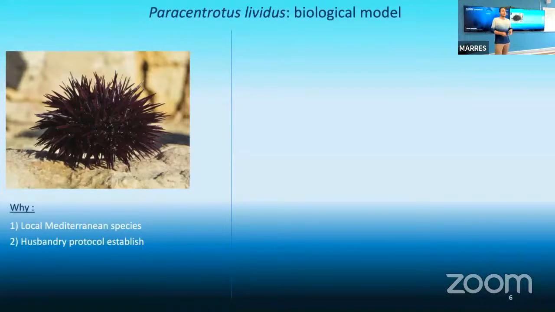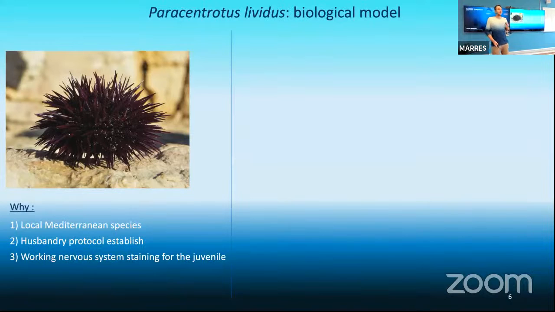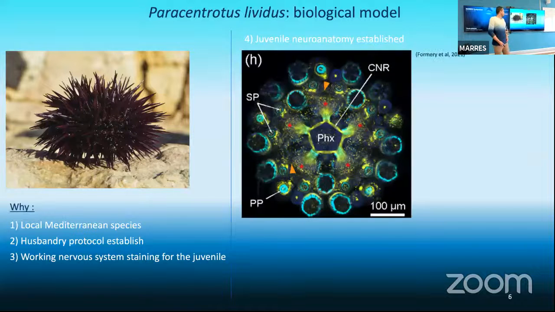And after, the lab has also successfully developed working nervous system staining protocols for the juvenile. And thanks to those working protocols, they've been able to do the first characterization of the juvenile neuroanatomy. Here are their results in terms of neuroanatomy.